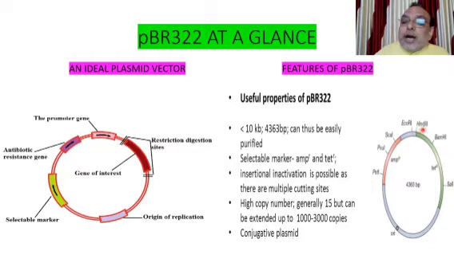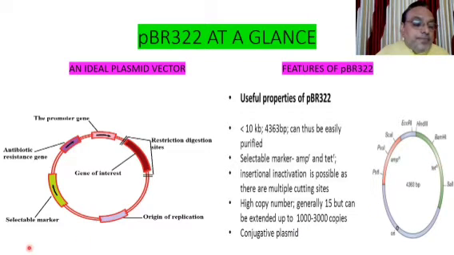That is, these are the sites which could be cut by restriction endonucleases, and a foreign DNA, which we are trying to propagate, could be integrated in this segment.